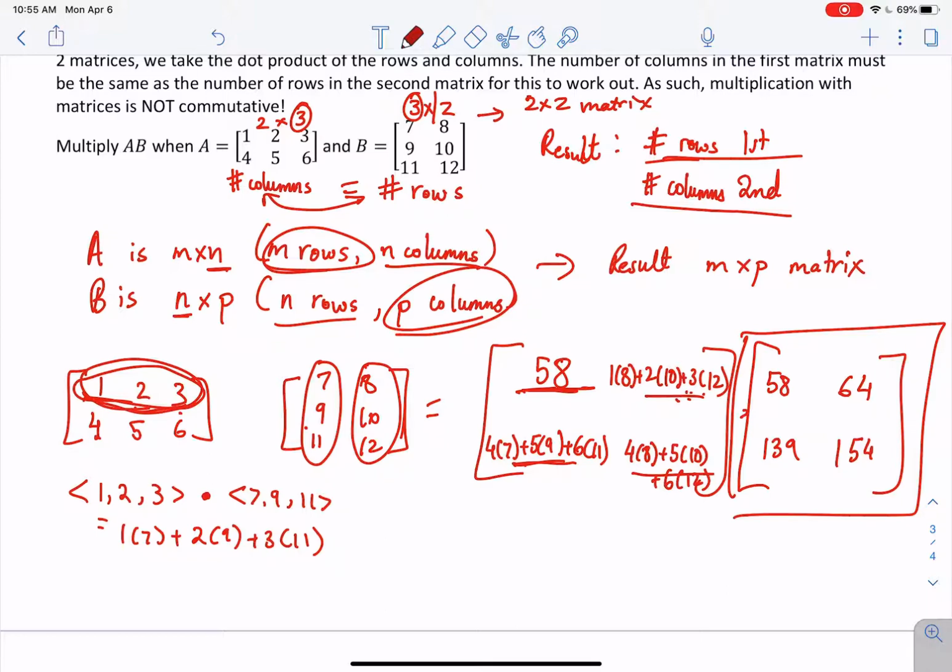So remember again, for matrix multiplication, the number of columns in the first matrix needs to equal the number of rows in the second matrix. And the resulting matrix is going to have the same number of rows as the first matrix and the number of columns of the second matrix.